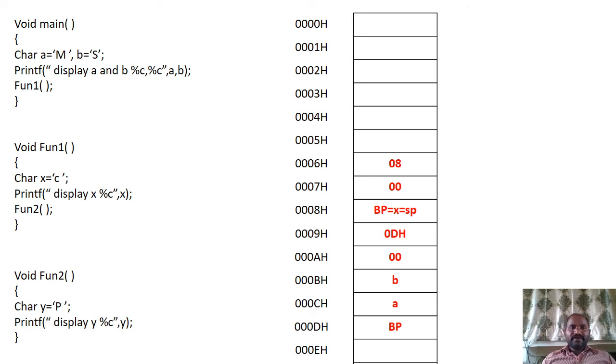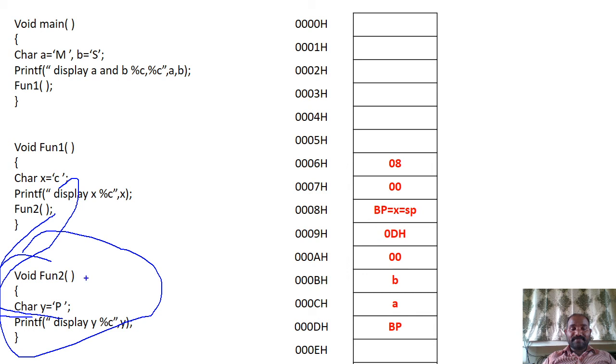Okay. When you are moving back to the called function, function 2 is nothing but the called function. So you are moving back from function 2 to function 1. At that time, without your knowing, you are vanishing or eliminating the stack space allocated for the function 2.